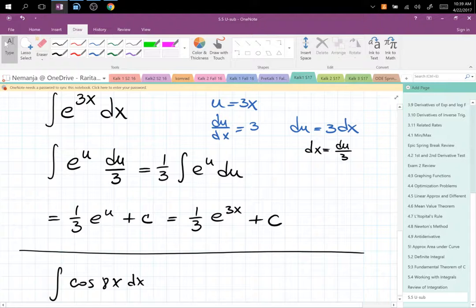The most important thing is that du is equal to 3 dx, and then you move it to the side. So in the previous column, du over dx, because du is equal to 3 dx. Right? I gotta fix that.